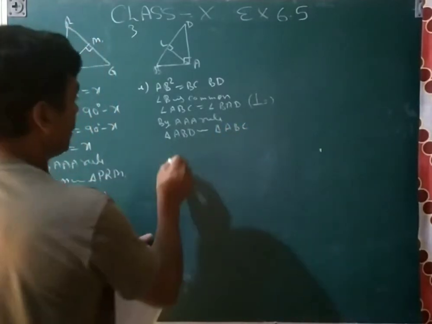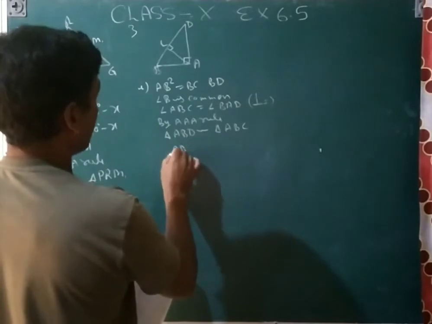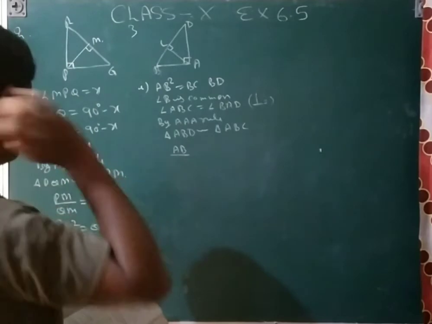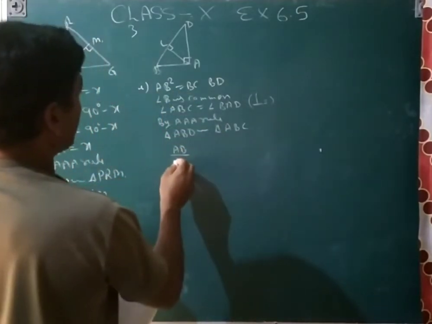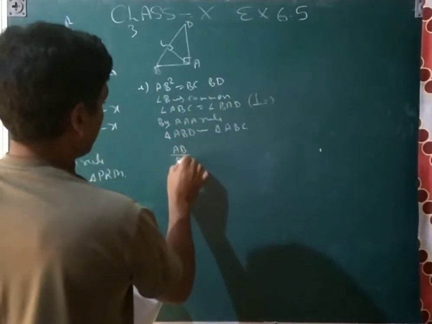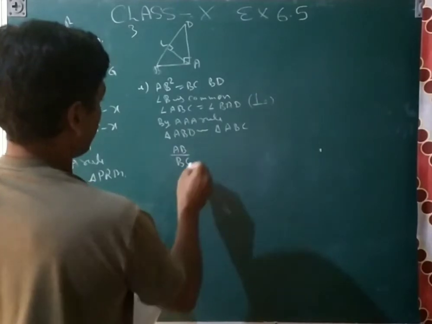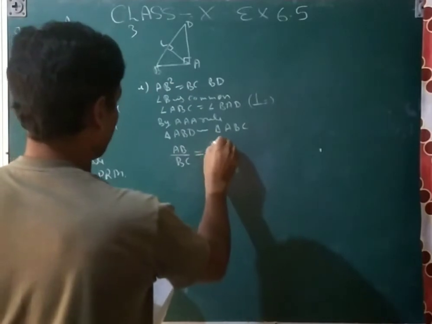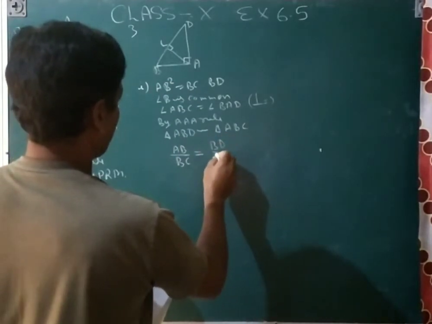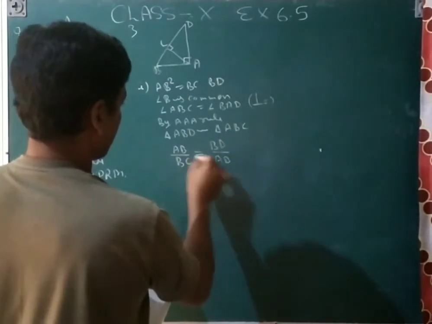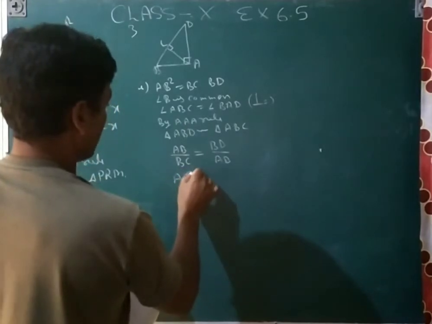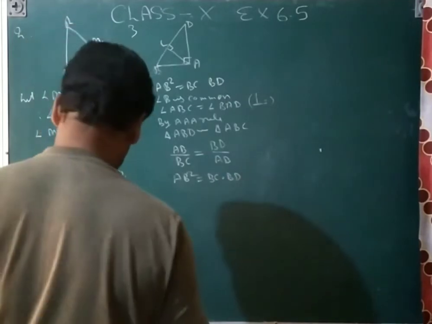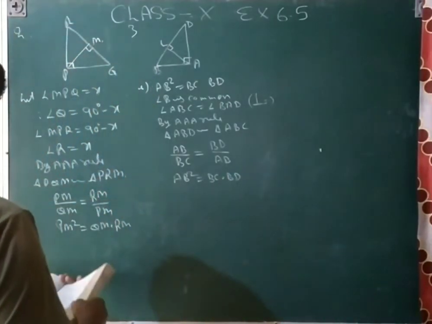So first of all we will take AB upon, for the longer side we have taken AB, so for the shorter side we will take BC, is equal to, for the longer side we will take BD, so that will be AB. So AB square is equal to BC multiplied by BD.